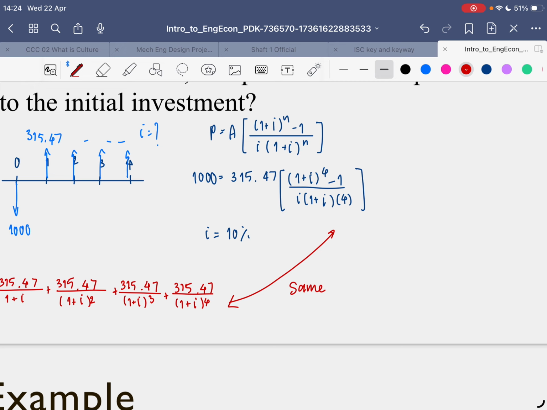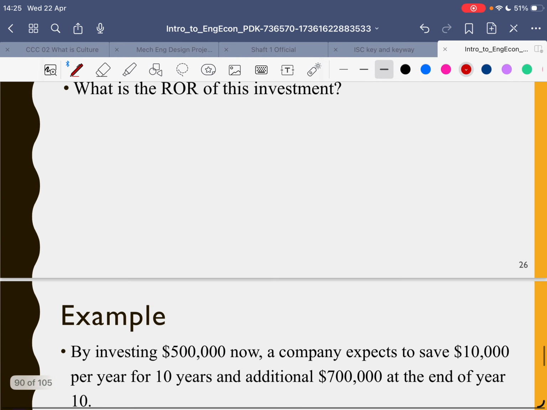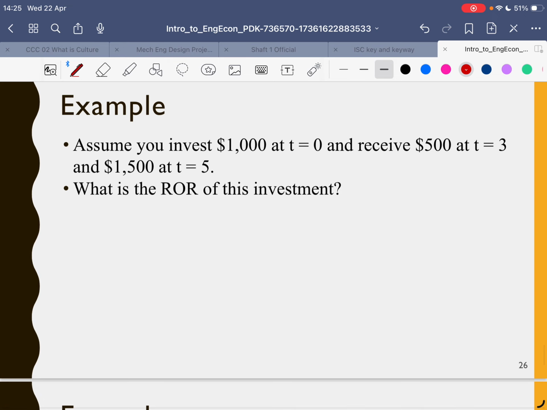And you receive 1,500 here. So you set NPV equal to 0, and this is minus 1,000 plus 500 divided by 1 plus I to the power of 3 plus 1,000 divided by 1 plus I to the power of 5, and calculate I is equal to 17%.